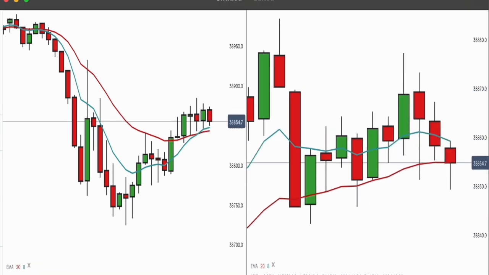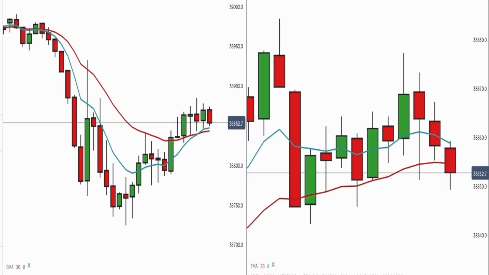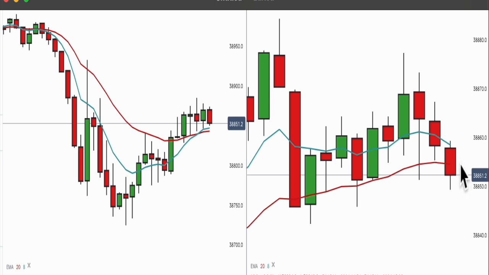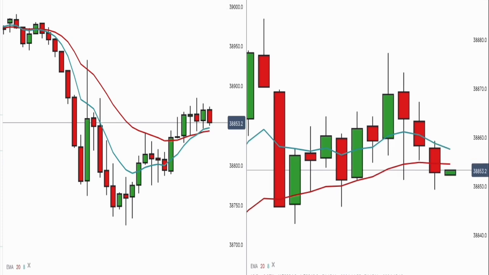Okay, so price has made its way down now on the trading time frame below the 8 EMA, and if it closes down below the 20 EMA as well, I'll be looking for a little tail to go up and touch the EMA and then turn red, and that would be an entry candle there.